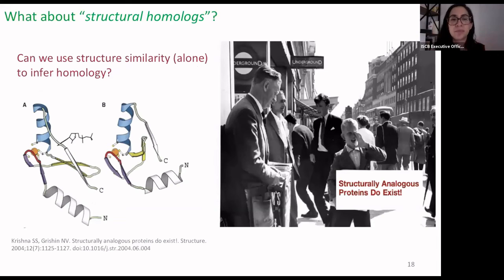And about structure homology, there's another thing. So you can see two structures that are very, very similar and still not be homologous. So in this paper, what they did is that they took one sequence that was designed by an evolutionary directed experiment, and they designed this sequence to bind a ligand.